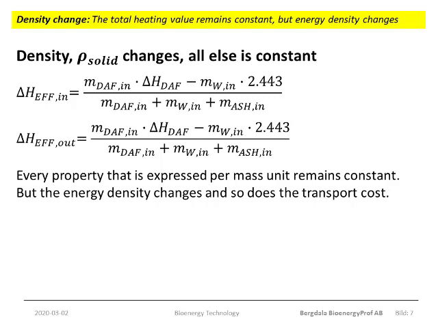But none of them will alter the composition of the material. So all chemical properties of the material, expressed per mass unit, will remain constant. But physical properties like repose angles or bulk density will change. These things will have a significant influence on the handling properties of the material and on the transport and logistic costs.